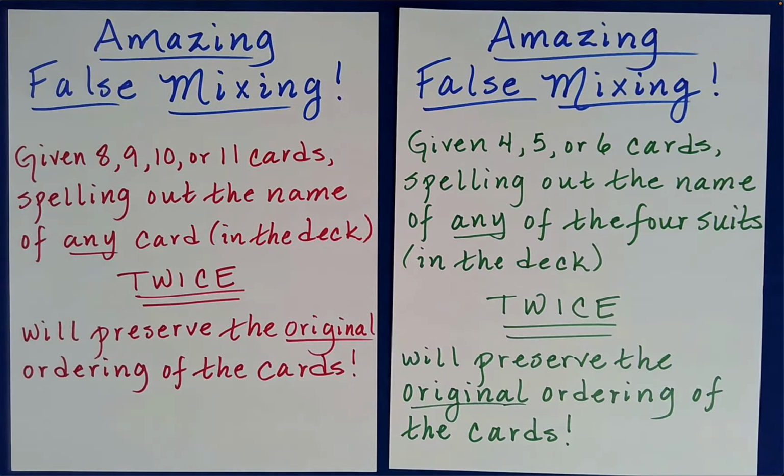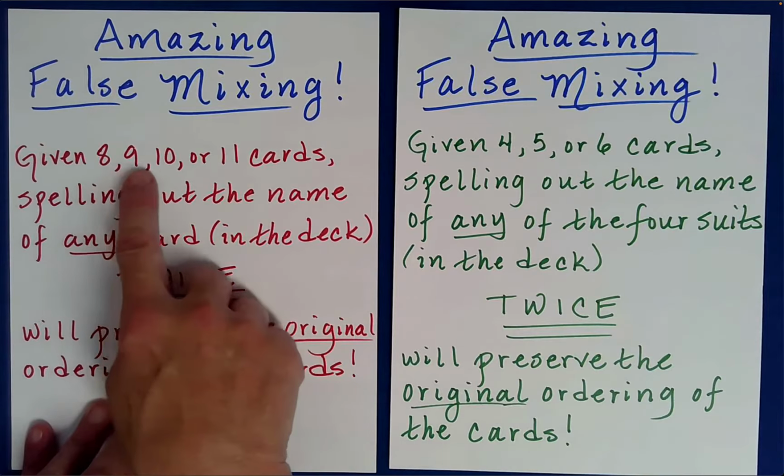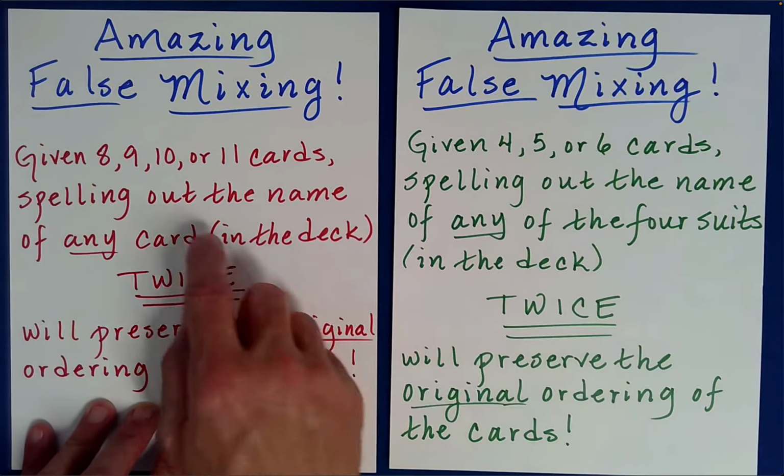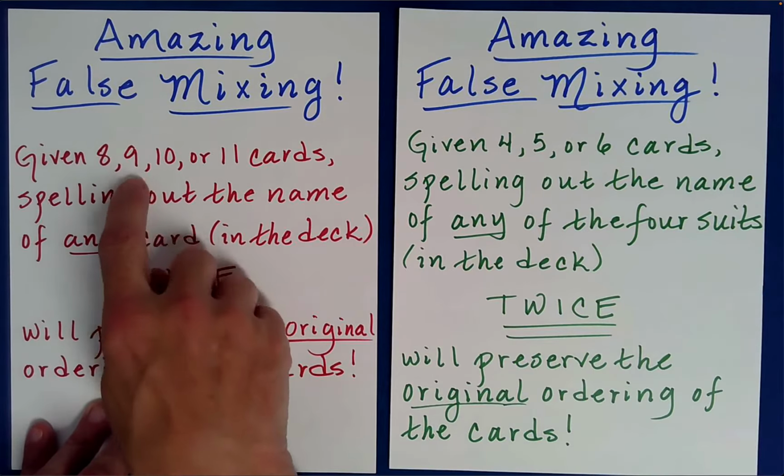And the thing to do is just squirrel this away. And if you've watched my channel, we have worked with these packet sizes a lot. So for example, the classic lie detector test, where you have the spectator state their claim card that they saw, and then you spell it out and discover that they were lying, that involved 9 cards.